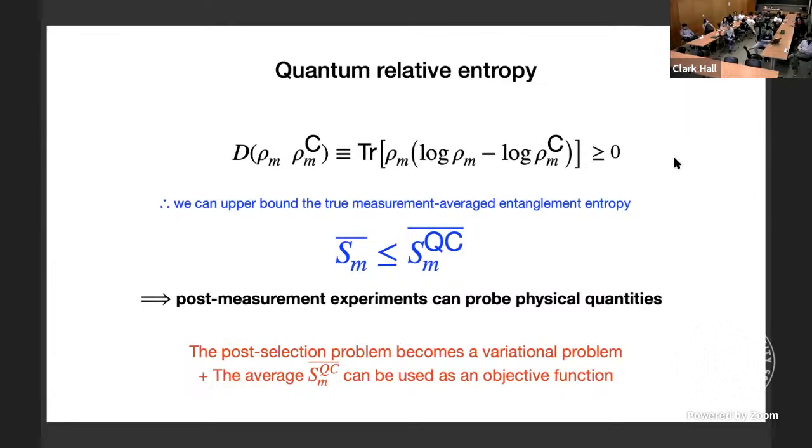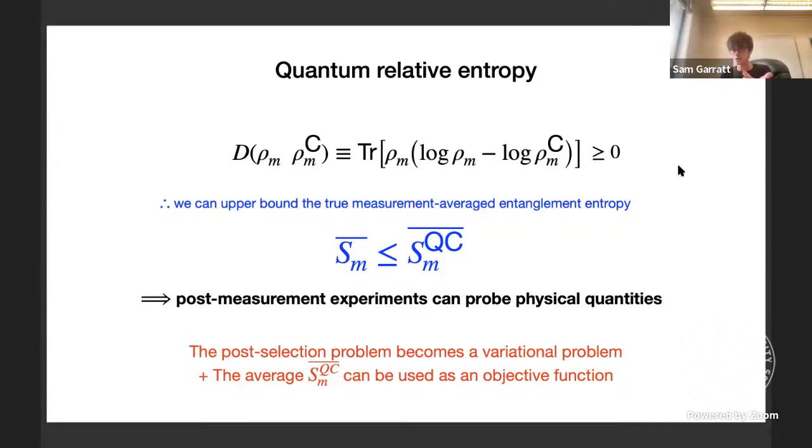Do you have a sense of when the equal sign will be saturated? Like, what's a physical picture of that? Thanks for the question. I should have mentioned this. The equal sign is saturated in the case where your simulation is perfect. If you have an approximate simulation, you'll always find that the average of SQC is greater than the true entanglement entropy.